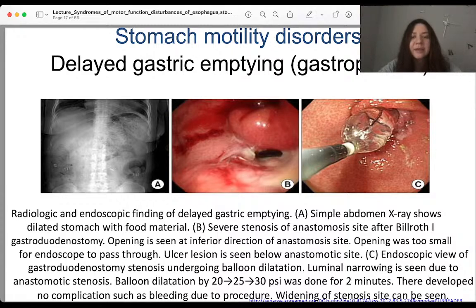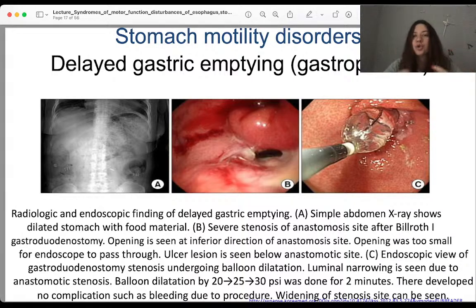On picture A, it is a simple abdominal X-ray that shows a dilated stomach with food material. And really on this picture you can see that the stomach is enlarged and contains a lot of food. Picture B is an endoscopy with severe stenosis of the anastomosis site after Billroth 1 gastroduodenostomy.